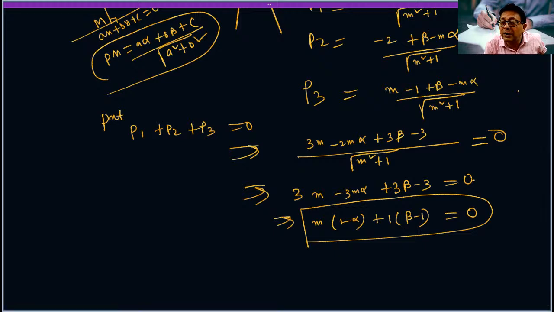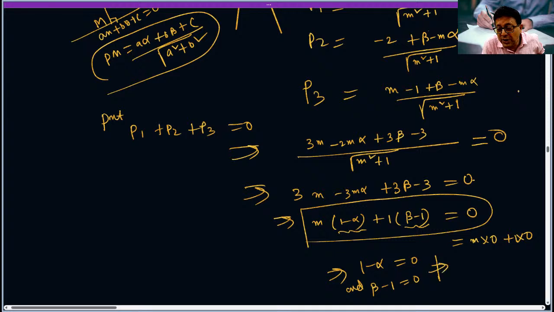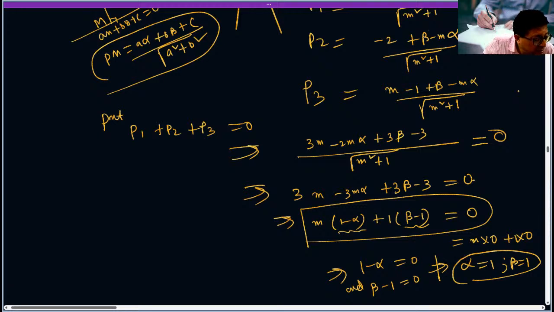So this is only possible when you can write this as m into 0 plus 1 into 0. So these two, on comparison, are going to be 0. It's a nice sum given in the exemplar book. So this implies alpha is 1, beta is 1. The point is found out. Is that clear? The point is (1, 1).